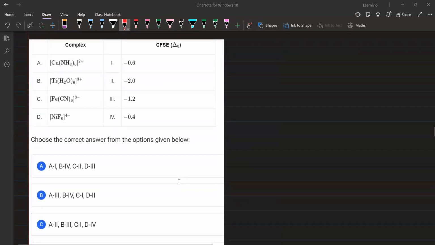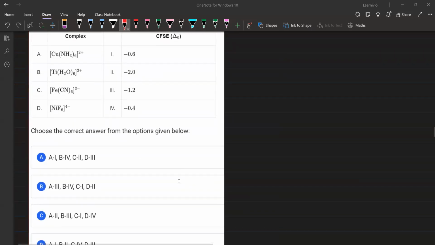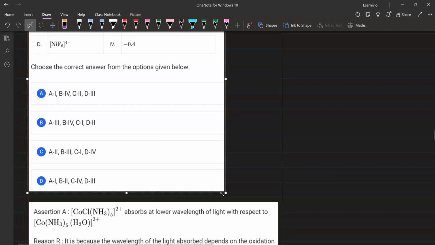Try this. You have complex and then you have the CFSE. CFSE का फॉर्मूला आपको लिखना होगा. ठीक है, प्लीज डू दिस.